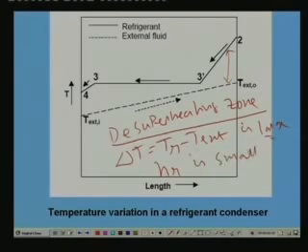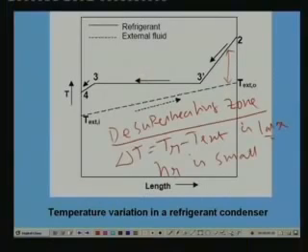Okay. Why is the heat transfer coefficient on the refrigerant side small? Because during the desuperheating process, the refrigerant does not undergo any phase change. Okay. That means, it is a sensible heat transfer process. Okay. So, that means, it is a single phase heat transfer process, and the heat transfer coefficient is because of the convective heat transfer coefficient due to the vapor flow. Okay. And vapor has lower thermal conductivity.